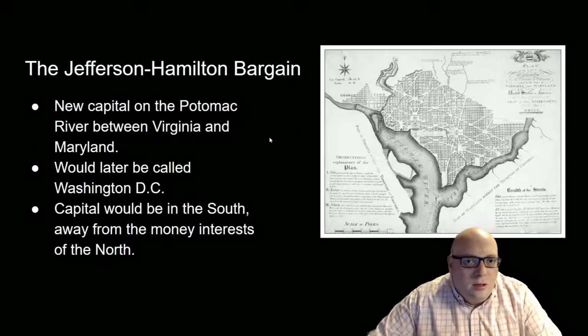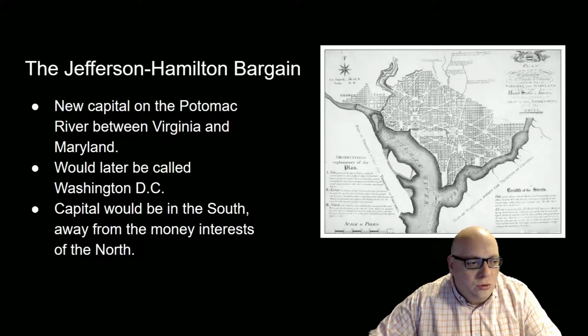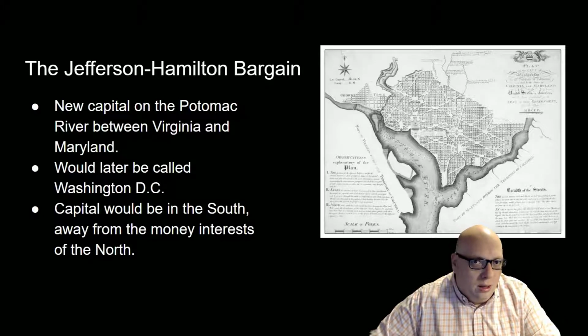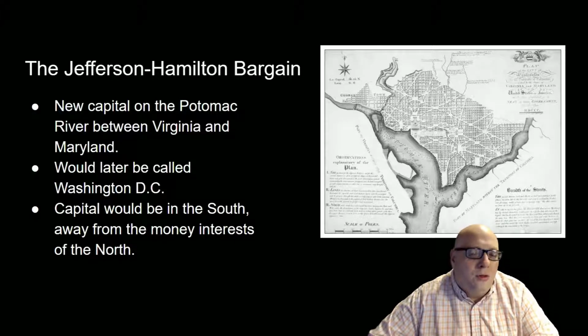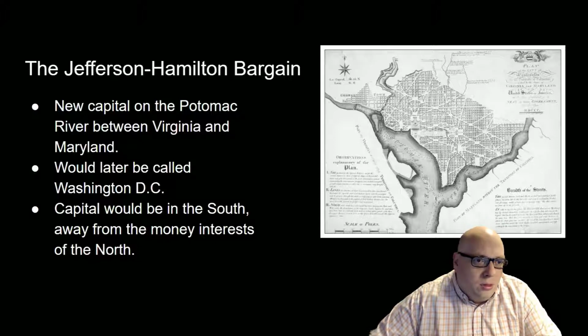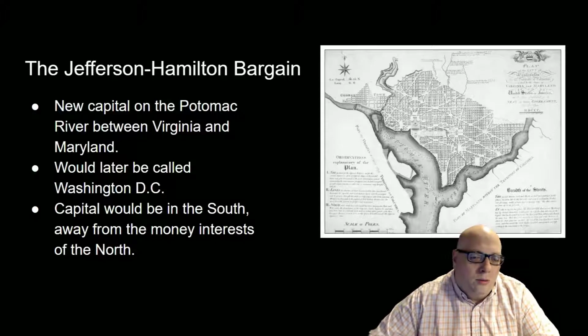So there had to be a compromise. In order for Hamilton to get what he wanted, he had to appease the people that were against his plan. And one way to do that was, according to the Southerners, because this plan favors people with money so much, it favors the wealthy so much, and people that are in banking, that we need to remove them as far away from the capital as possible.